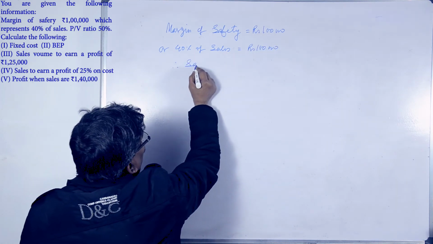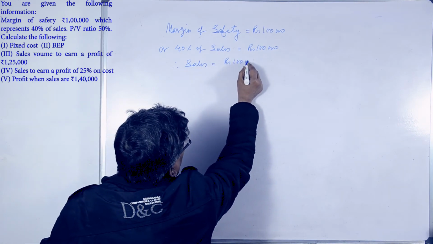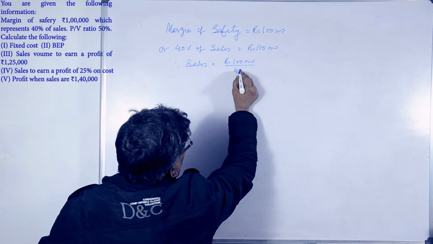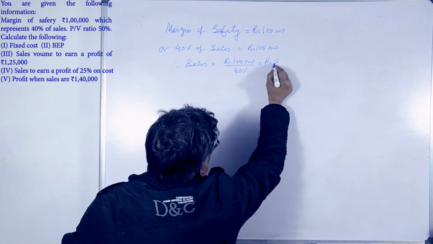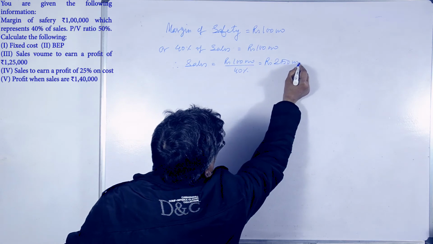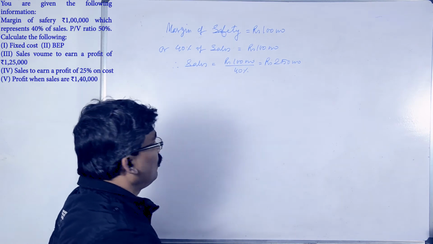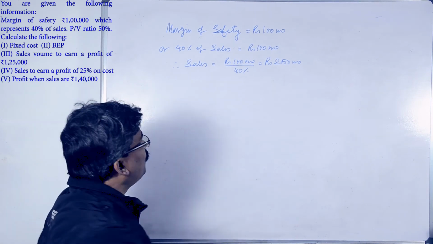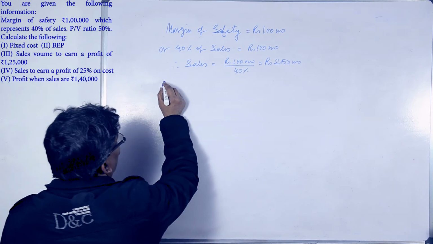Therefore, sales equals to rupees 1 lakh divided by 40%, rupees 2,50,000. The margin of safety is given 1 lakh, and with the help of margin of safety percentage, we can calculate sales. Here, PV ratio is given.